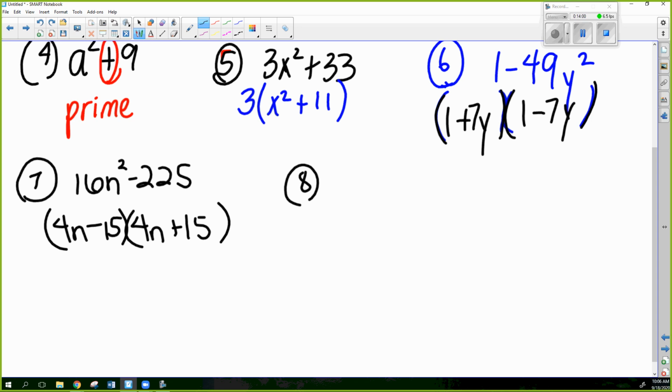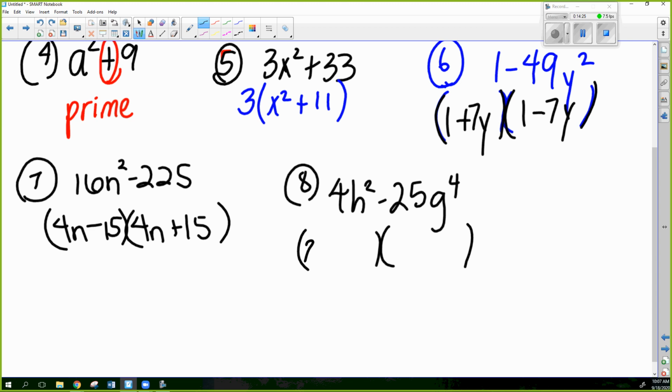All right. Do you think it's okay if there are letters with both squares? Yes, as long as they are squares. So 4 comes from 2 times 2.